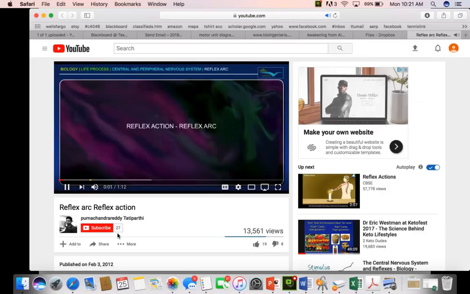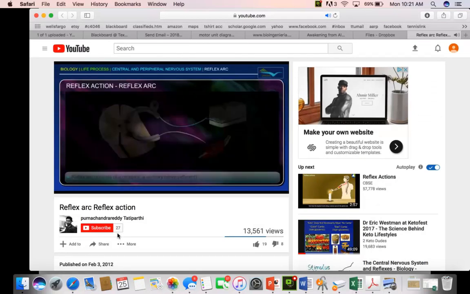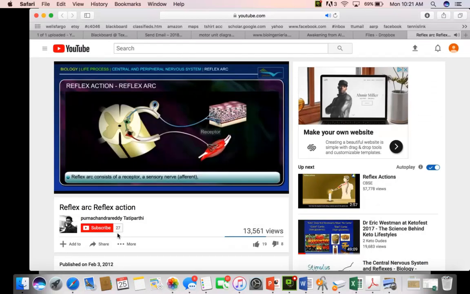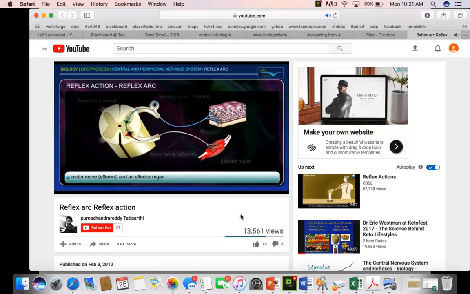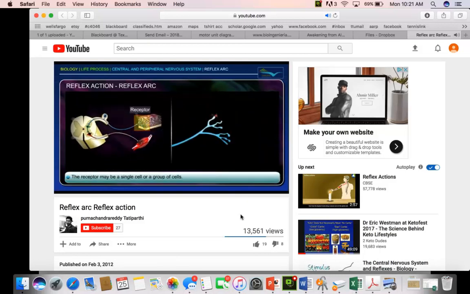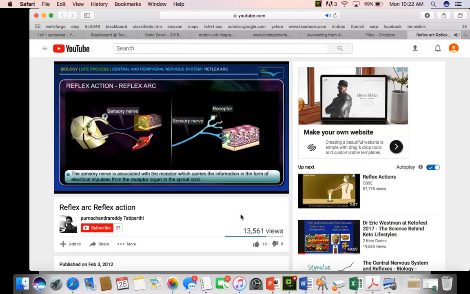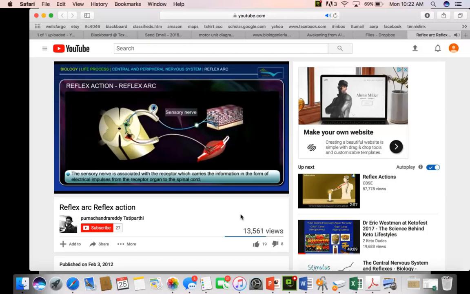Reflex action and reflex arc. Reflex arc consists of a receptor, a sensory nerve, an association neuron, motor nerve, and an effector organ. The receptor may be a single cell or a group of cells. They receive information about stimuli and generate electrical potentials. The sensory nerve is associated with the receptor, which carries the information in the form of electrical impulses from the receptor organ to the spinal cord.